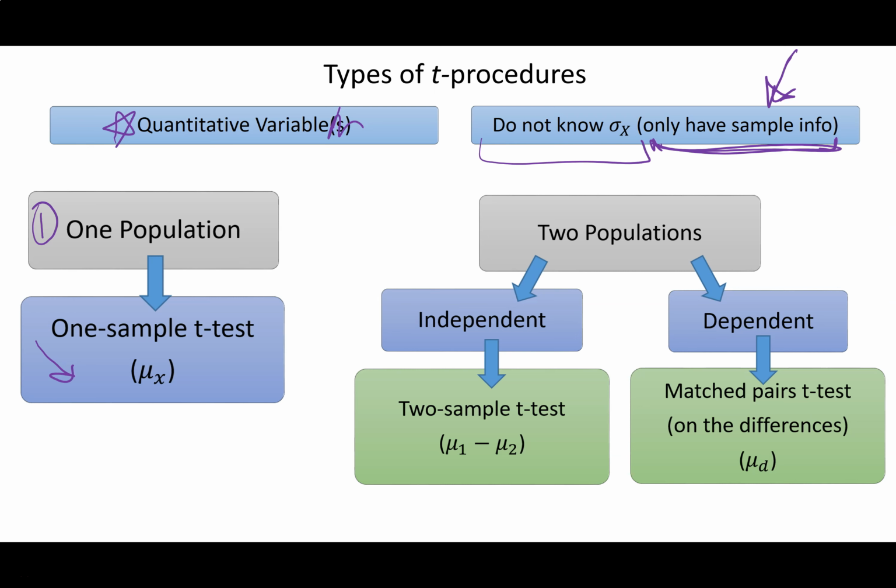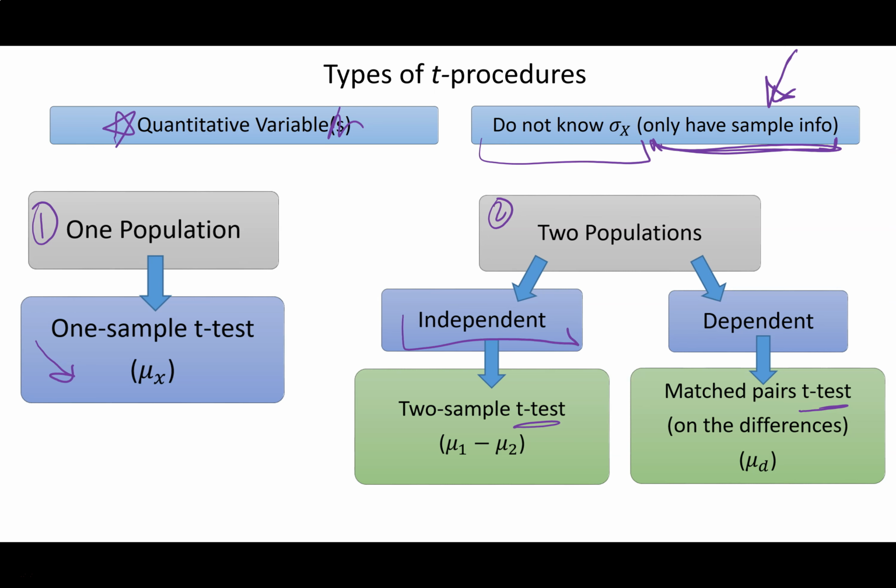Obviously, you don't have to only test, you can do confidence intervals. Versus if you have two populations, then you have to decide, are these two populations independent from one another? So no observations in population 1 are also in population 2. Or are they dependent? Like, are they matched? Is every individual in both samples?